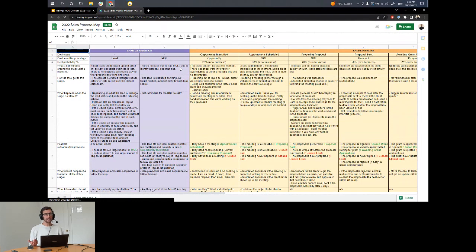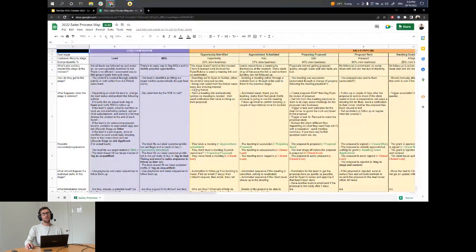But you can see that we have mapped out our customer journey here. We have deal stages that we've aligned with customer lifecycle stages in HubSpot. And for each deal stage, we have our deal probability percentage so that we can forecast accurately.